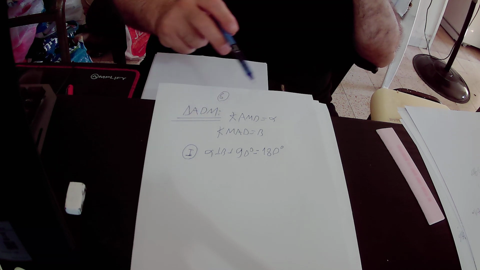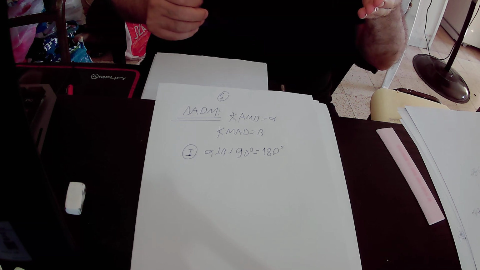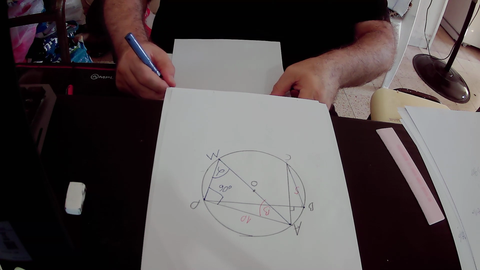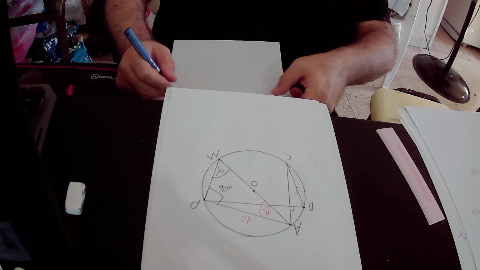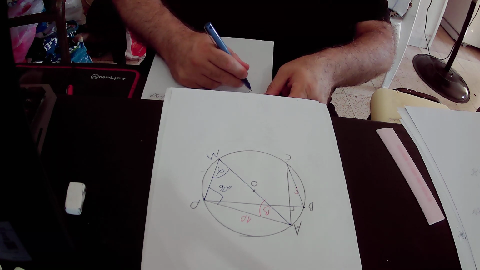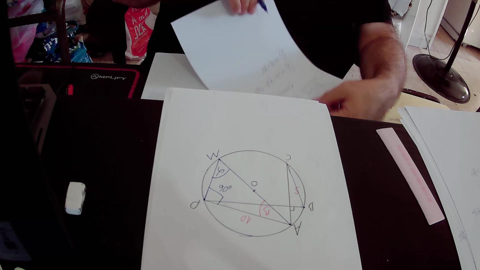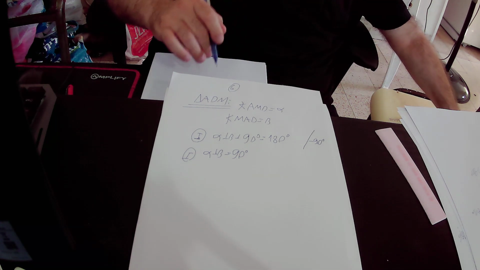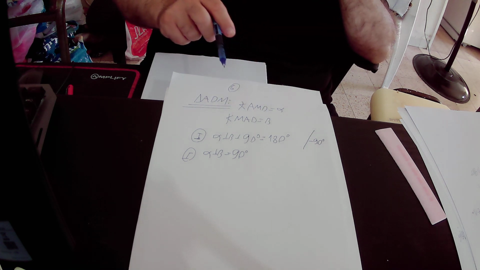From equation number 1, we subtract 90 degrees.